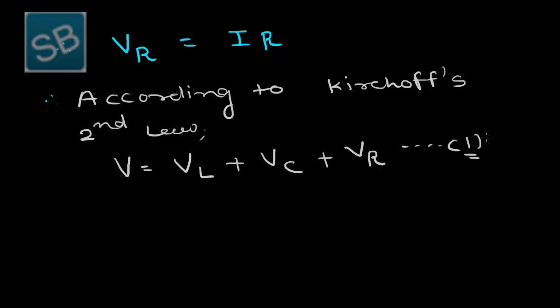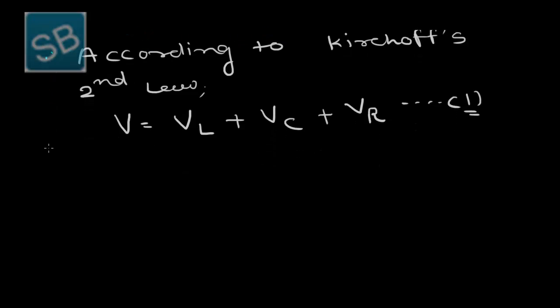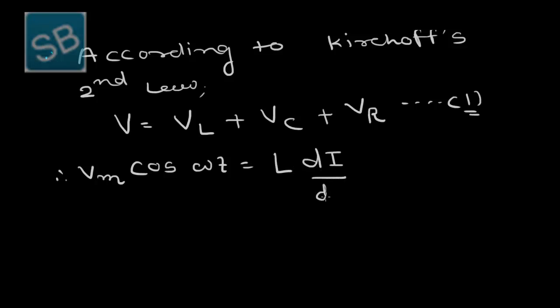So let's substitute these quantities in equation number 1. The left hand side will be Vm cos omega t. The value of VL is L di by dt, plus the value of Vc is Q over C, plus the value of VR is IR.